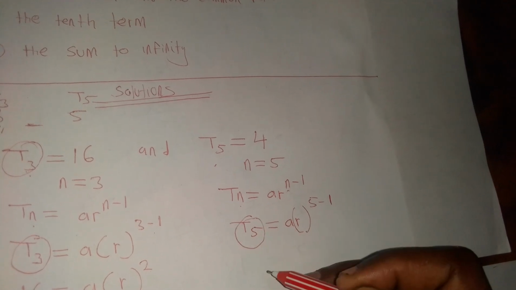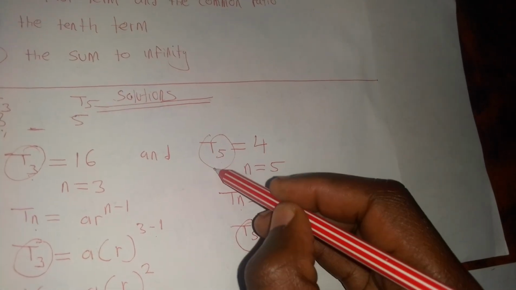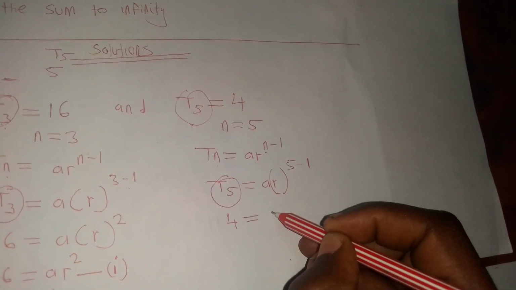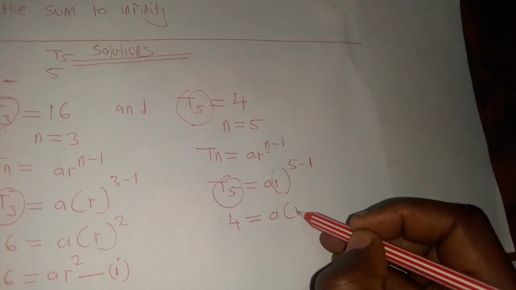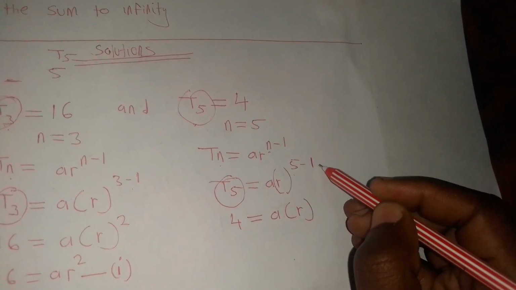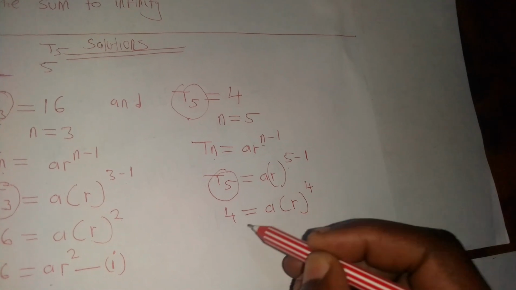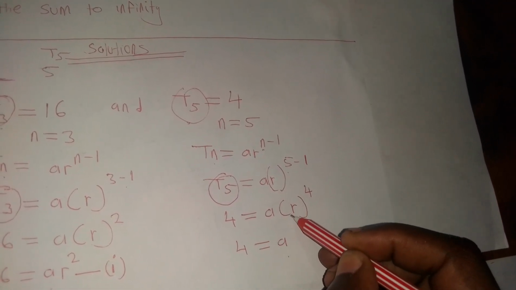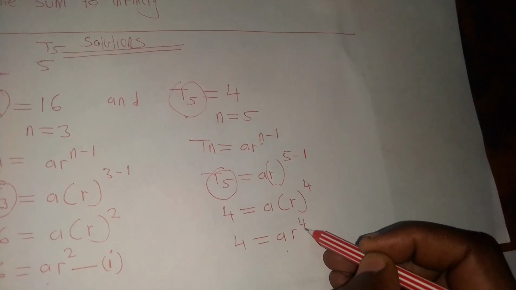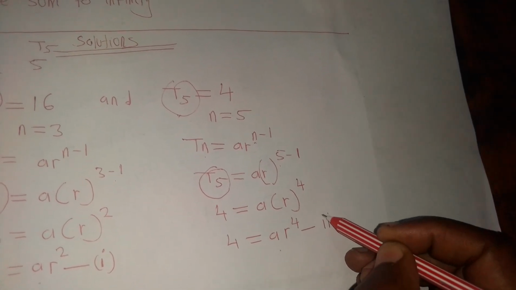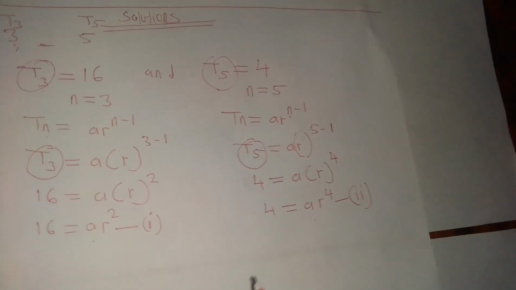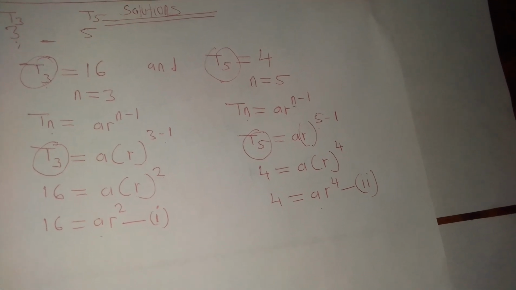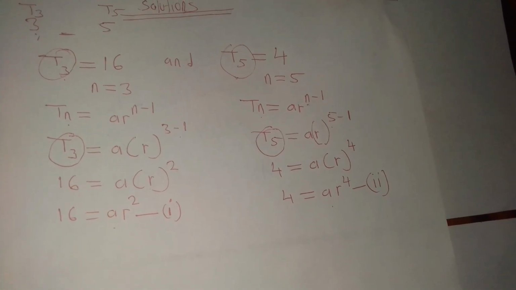Then we replace T5; term number 5 is 4. So 4 equals A r to the power 5 take away 1, which is 4. Then 4 equals A r to the power 4. This will be called equation number 2. So we have two equations, equation 1 and equation 2. This is where we are now.